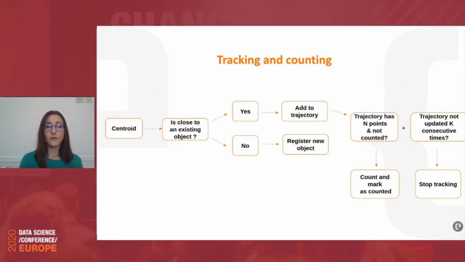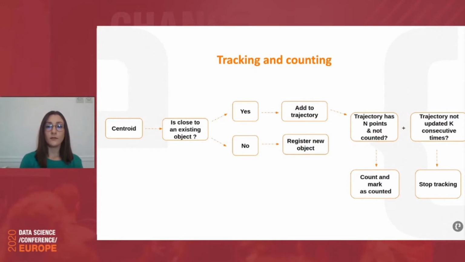For each centroid, we ask, is it close to an existing object? If it is close, then we add it to the existing trajectory. If it's not near an existing object, we register it as the new object.